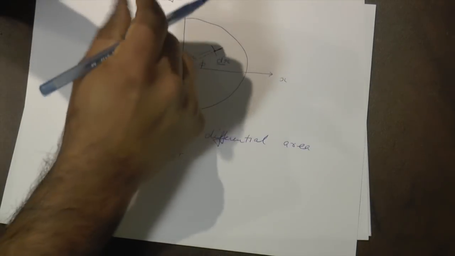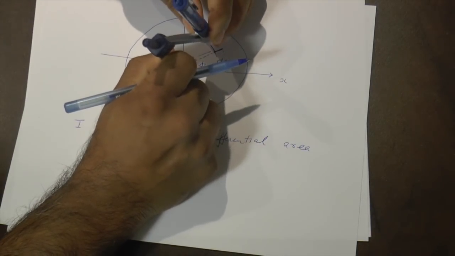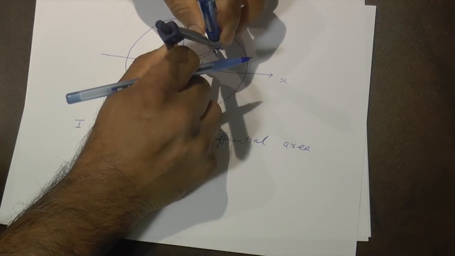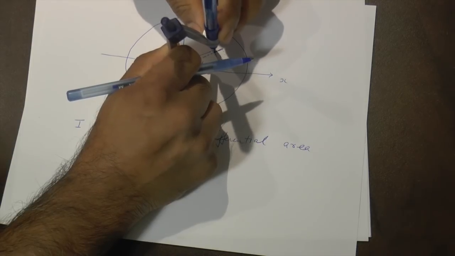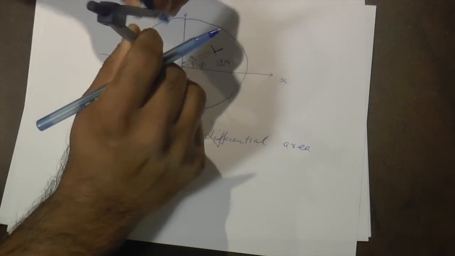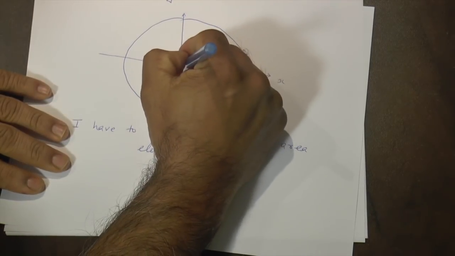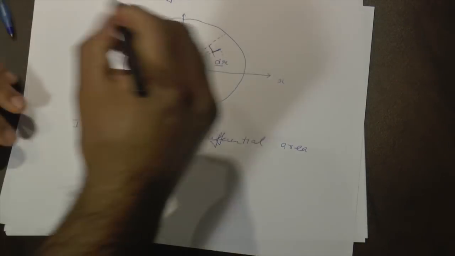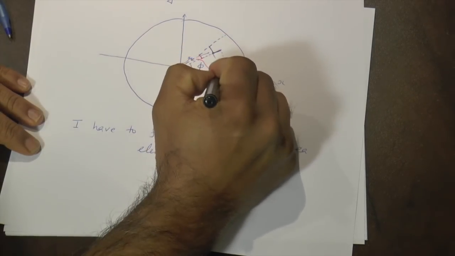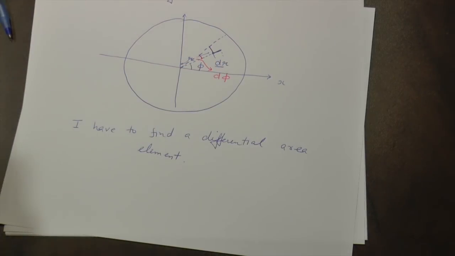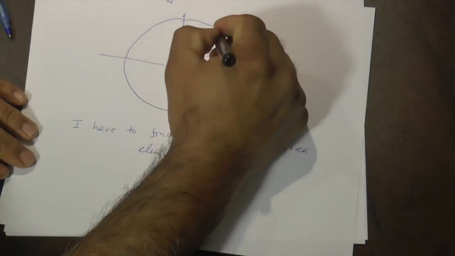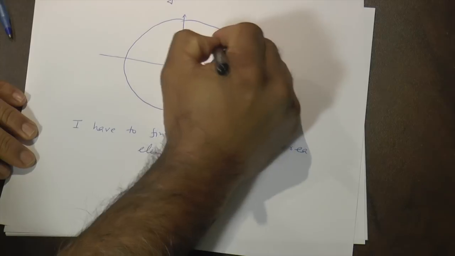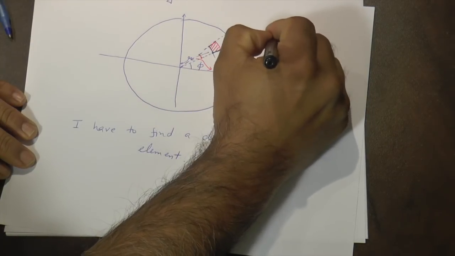Originally I was at that point, and I can only move in r direction or phi direction. So I moved it a little bit in r direction, and then a little bit in phi direction. I go from that point to a point above, and I have a small angle change which is d phi, and thus my differential element becomes this shaded part. This becomes my d area.